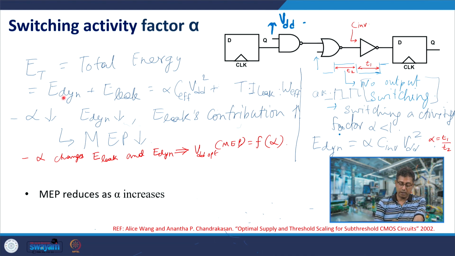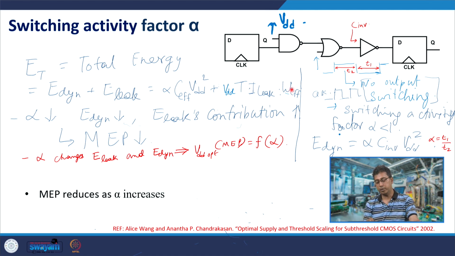So, the total energy is now this dynamic energy plus the leakage energy. Leakage energy is VDD into I leakage into the time period, where I leakage is the average leakage of an inverter, and W effective is the effective width of the entire circuit in terms of inverter size.